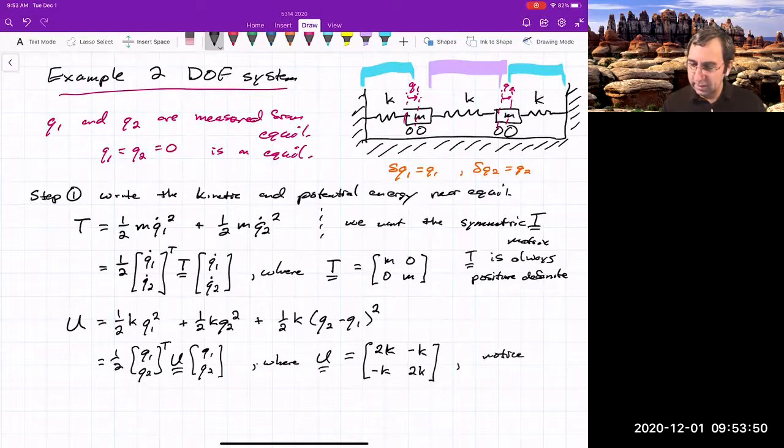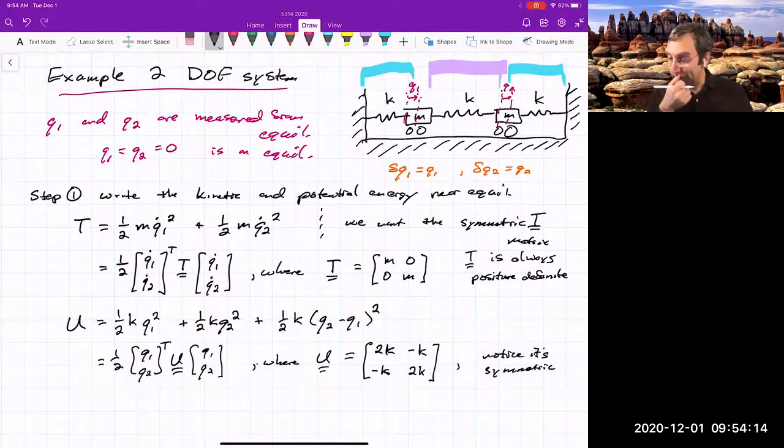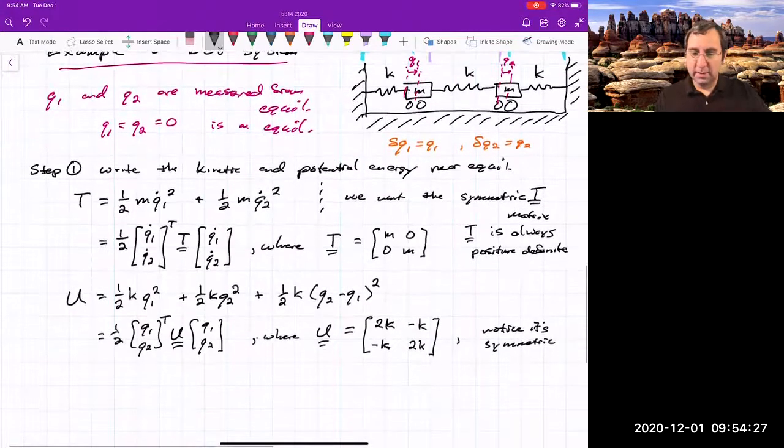Again, notice it's symmetric. Now the potential energy matrix doesn't have to be positive definite, but it does have to be symmetric. So again, if in doing your work you get a matrix that's not symmetric, that's a sign to go and try again. Okay, so now we can solve for the frequencies. We've got our matrices, T and U, so we're good.